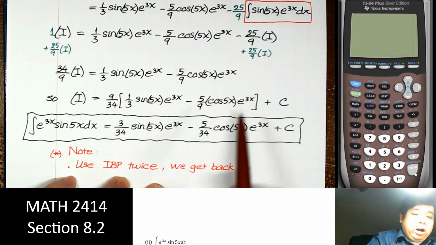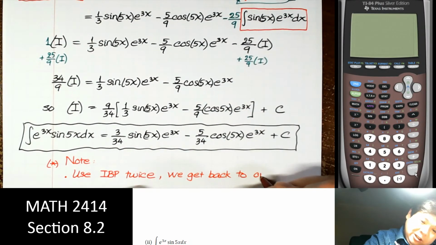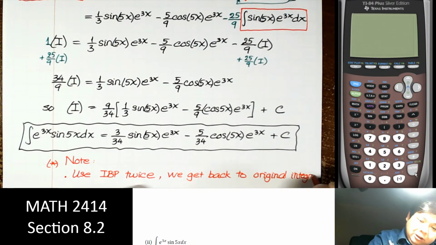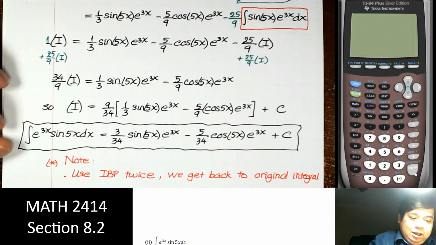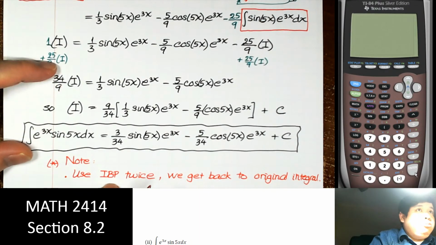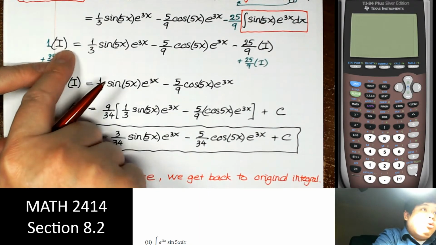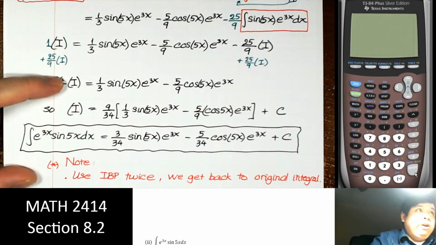After we do this twice, we should get back to the original integral, and then solve for that integral indirectly. By this we mean we don't know what the integral is, but in this equation it will work that we can solve for it.